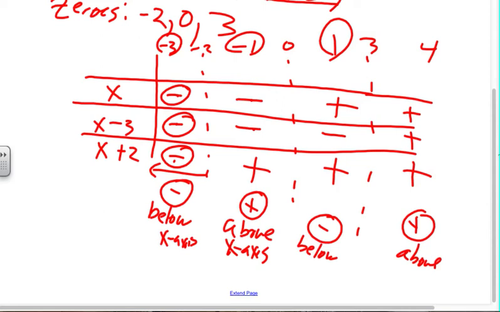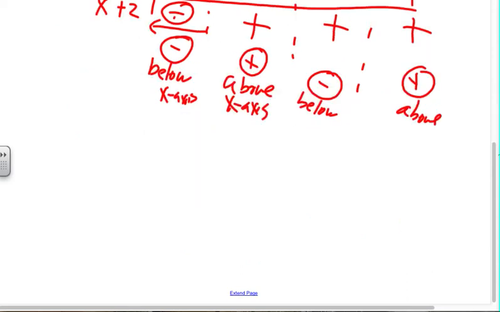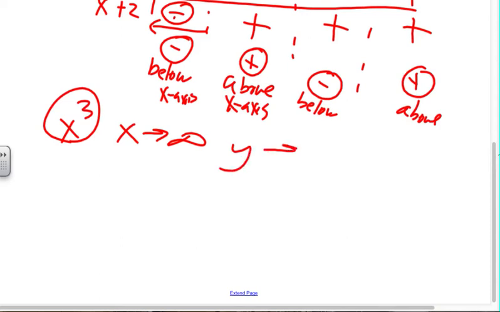Okay, so last of all, let's come in and take a look at the end behavior on this thing. Like I had just talked about before, you look at your highest exponent, which is x cubed. So as x gets big for x cubed, my y is also going to get big.